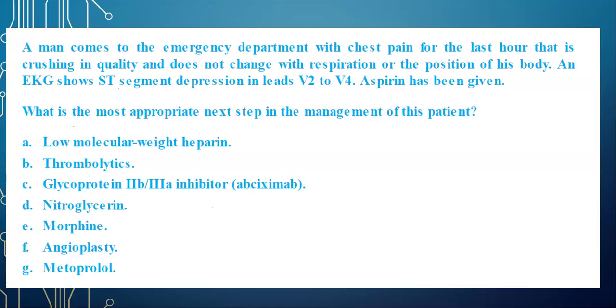It is not a CT angioplasty. This is like going through the groin, like femoral, and you go into the coronary artery, and then you find out the block, put a stent there. So this is the invasive one.